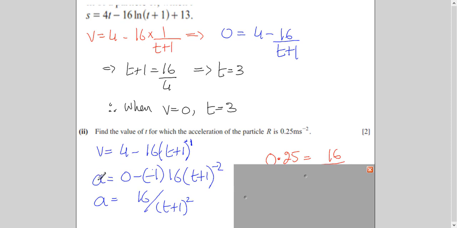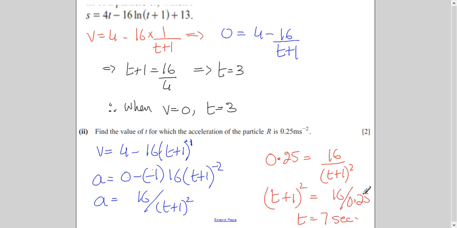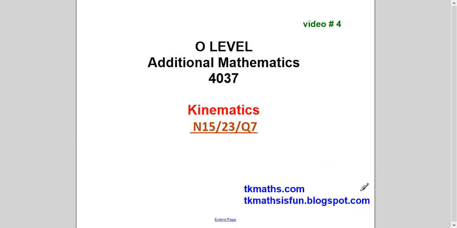So I got a, constant becomes 0, I'm differentiating it. And this is my acceleration equation. I have to put acceleration 0.25 to get t. So I'm substituting 0.25 here. And then I will simply manipulate it to get the value of t, which is 7 seconds.